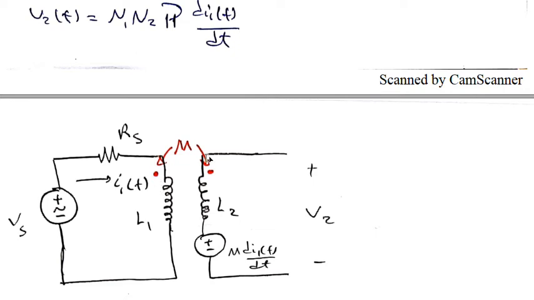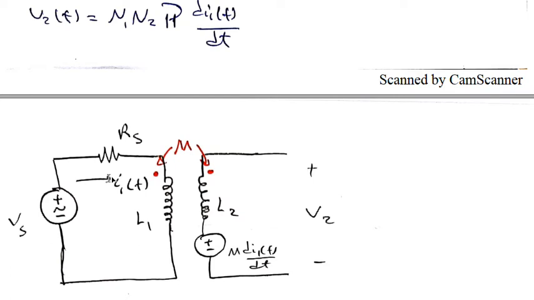Okay, if current enters the coil from the dot terminal, this current helps us decide the polarity of the opposite mutual coil.